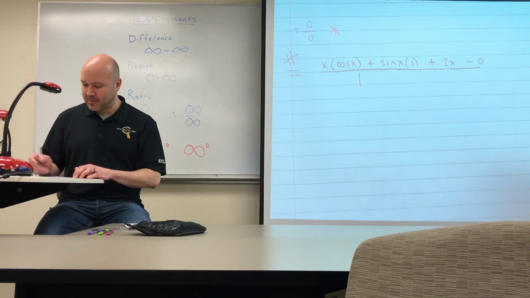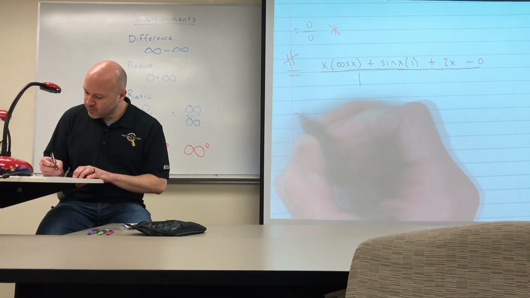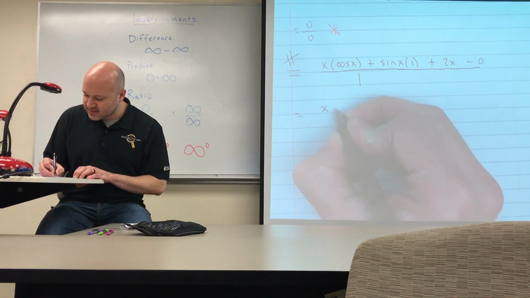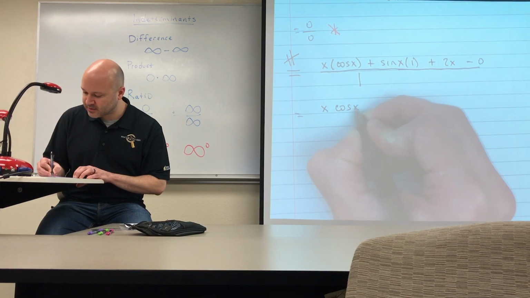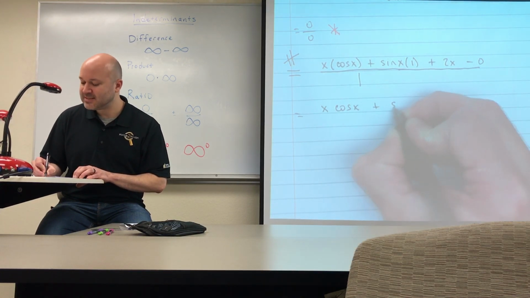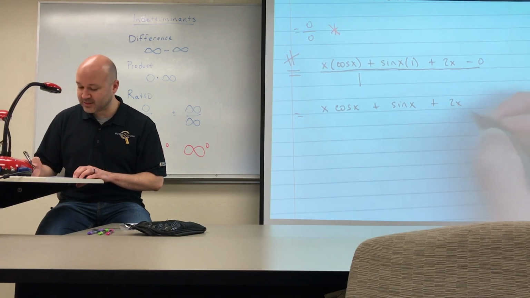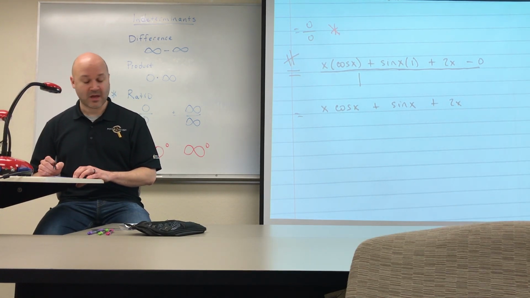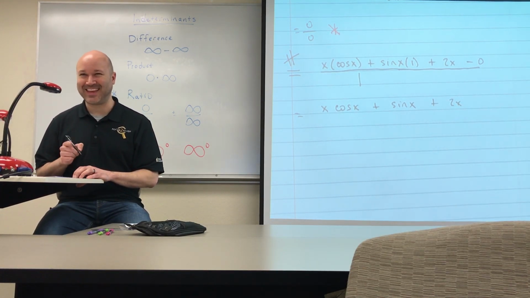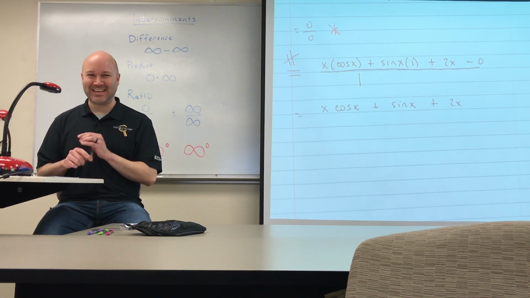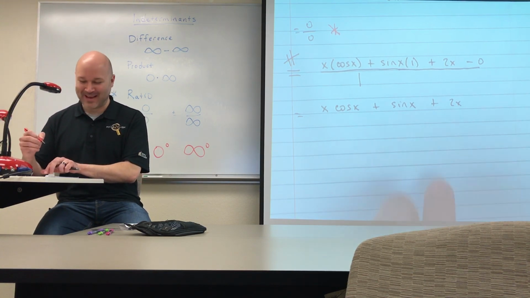Okay, I'm going to clean it up a bit. Looks like we have x cosine x plus sine x plus 2x. I think I did a bad thing and dropped my limit notation. That's really bad.